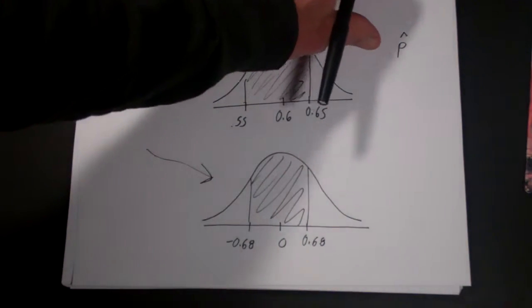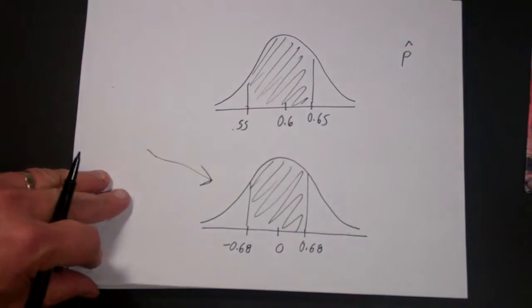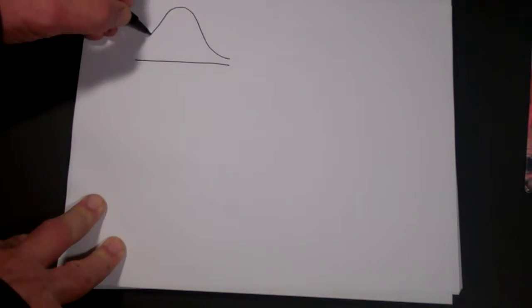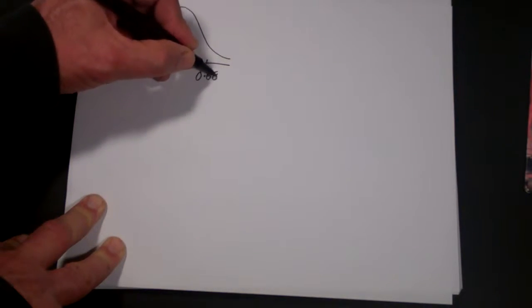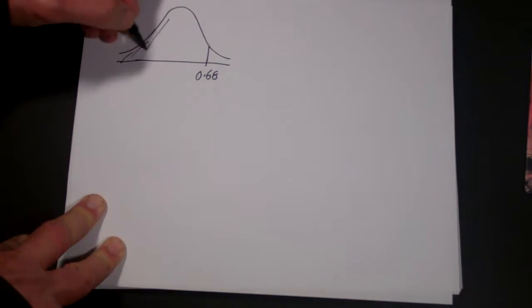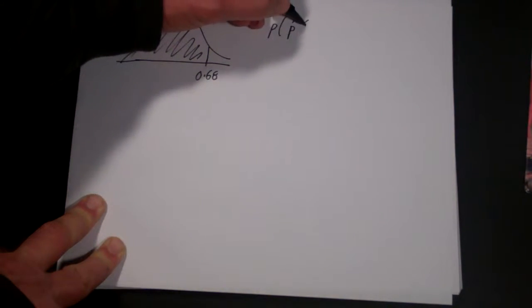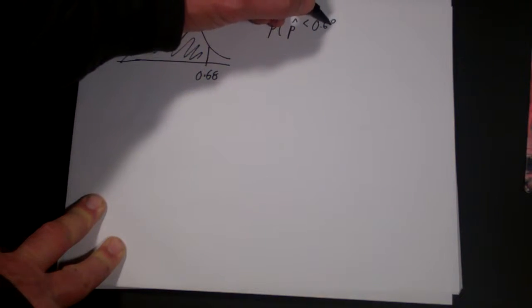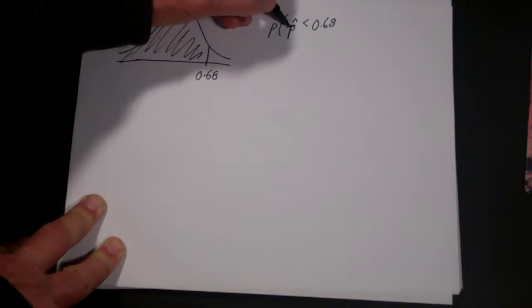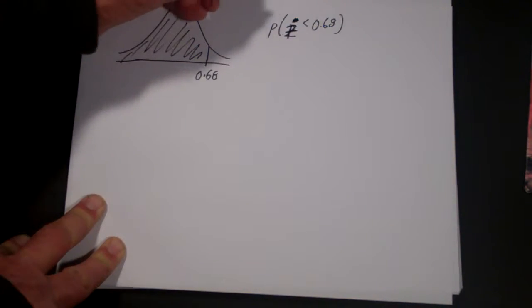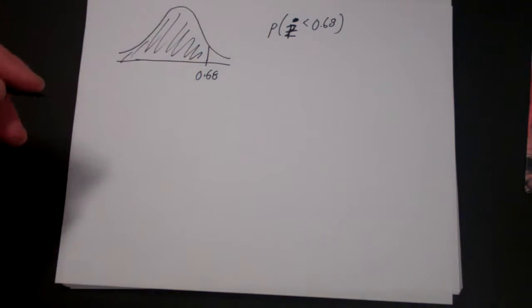That takes a little bit of practice, but this is basically the way that I'm going to do it. Remember the z-tables are always done on area to the left, so I'm first going to find this amount right here. That is the probability that z is less than 0.68.